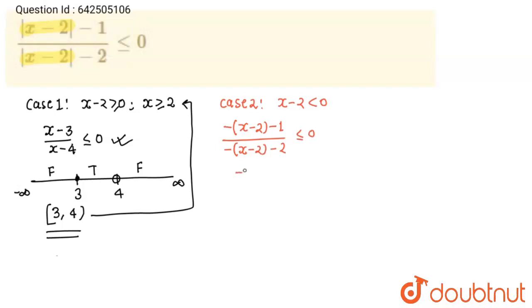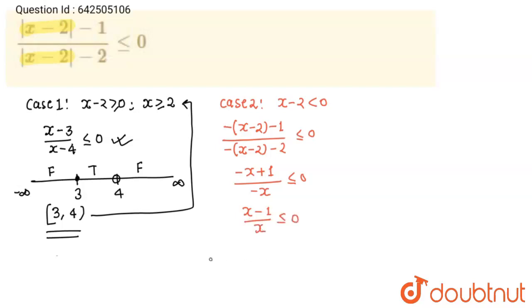So it will become (minus x plus 1) upon (minus x), less than equals to 0. If we take the negative sign from the numerator and denominator both, it becomes (x minus 1) upon x less than equals to 0.